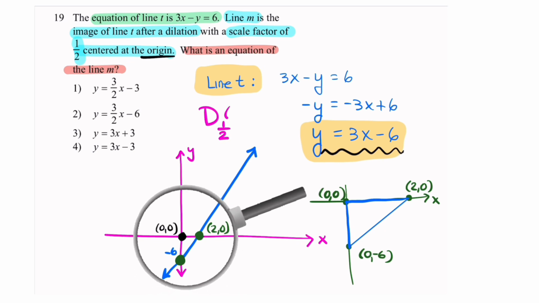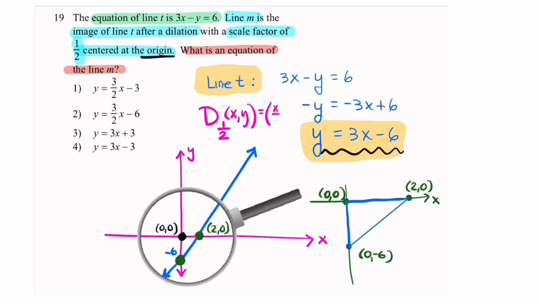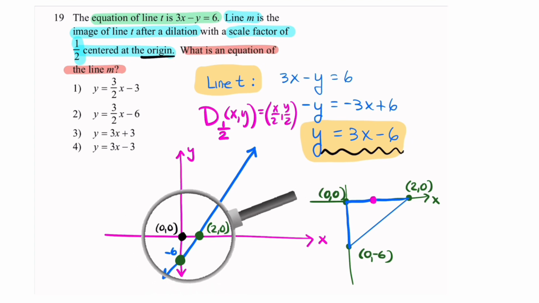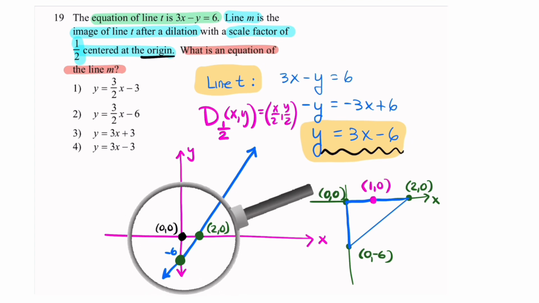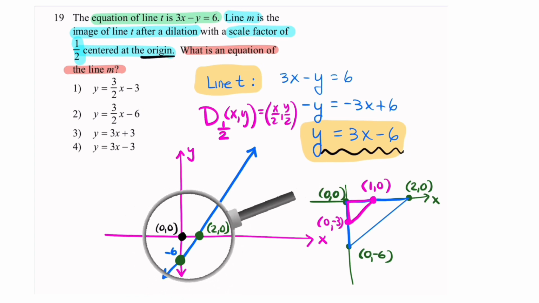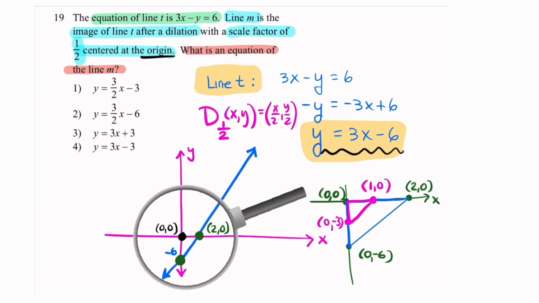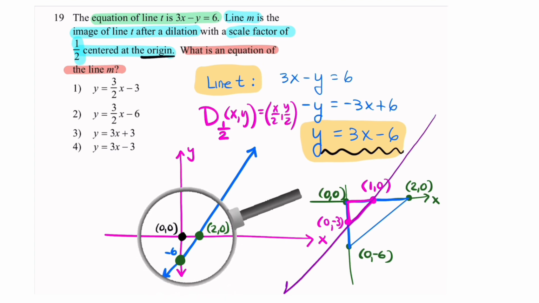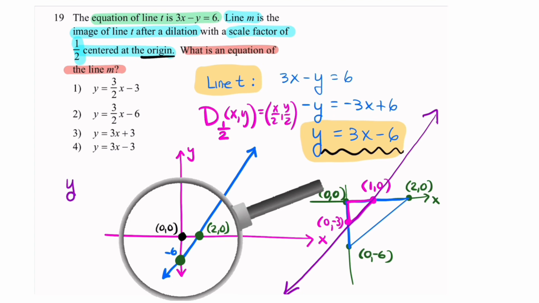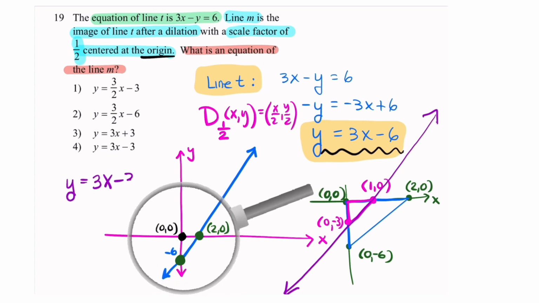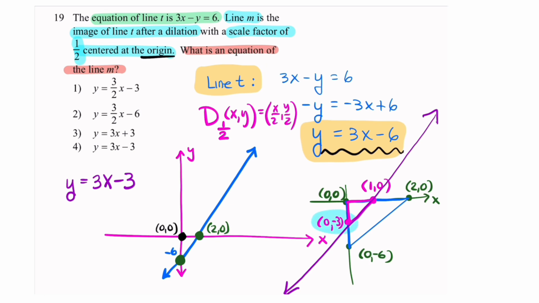Now, the 2 coordinates, (2, 0) and (0, negative 6), will be dilated by multiplying each of those numbers by 1/2, or dividing by 2. So that gives us new coordinates (1, 0) and (0, negative 3), and the smaller triangle I can draw with that is our dilated triangle. Now the line that would go through that has a y-intercept of negative 3 and the exact same slope as the line we started with.